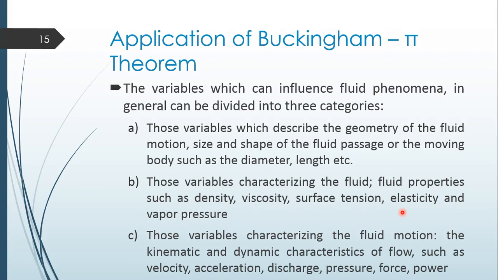For the geometry of the fluid motion, we can take the size and shape of the fluid passage or the moving body: diameter, length, etc. So basically, the length dimension will come here from the geometry of fluid motion, from this one repeating variable.